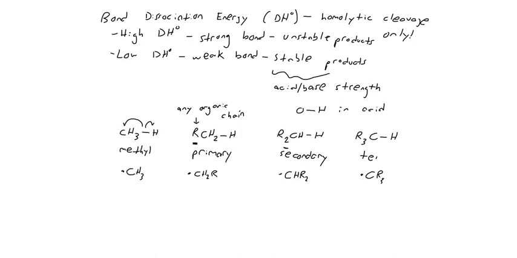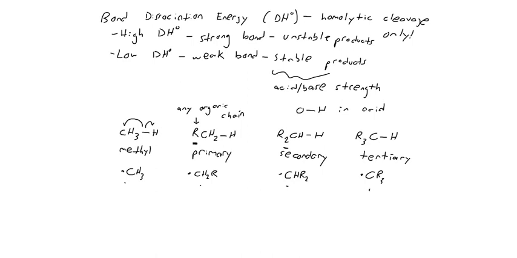And if you can guess, this is tertiary. And these radicals we can categorize into each of these names: methyl radical, primary radical, secondary radical, and tertiary radical.